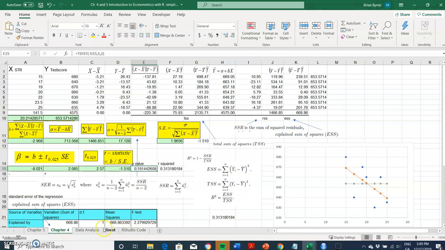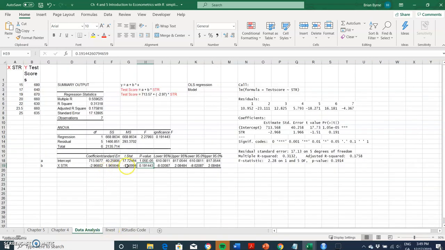Again, if we go back to our data analysis, we can copy this value here. This is the coefficient on the student-teacher ratio, the standard error 1.96, the t-stat, and then the p-value is 0.19144. That's greater than 0.05, so we probably wouldn't be comfortable with this value.